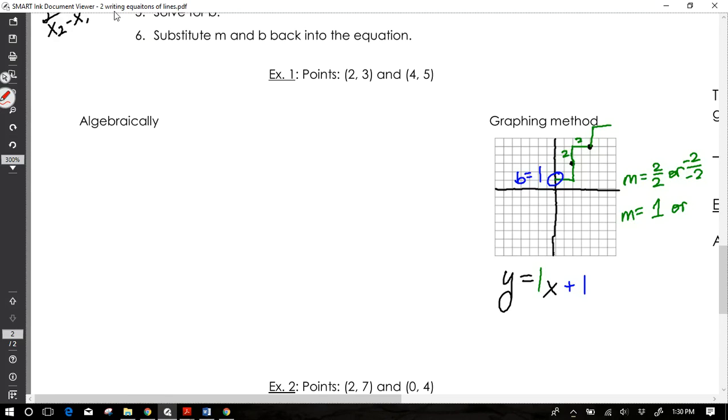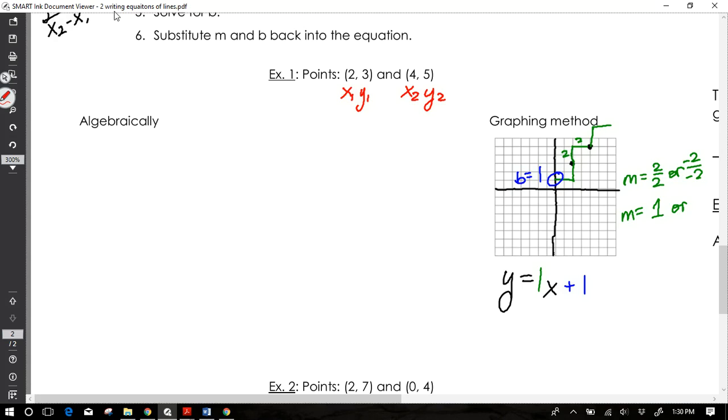All right. We are ready to now change gears and go back to example 1, and we're going to do the algebraic method. So step 1 of the algebraic method says to label your x and y values from the 2 points that you were given. So let's go ahead and do that. x1, y1, x2, y2.